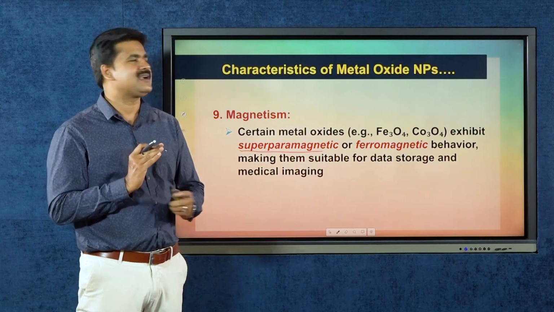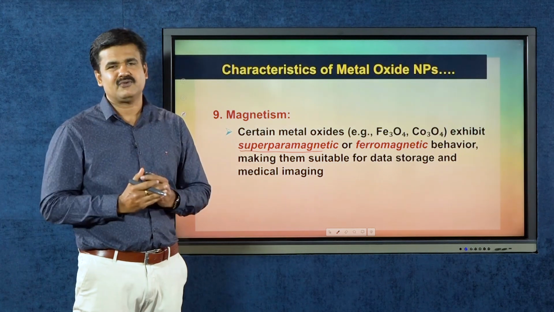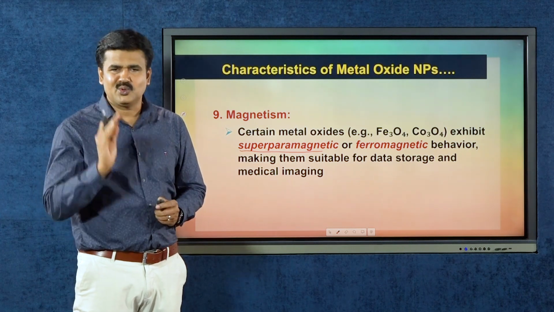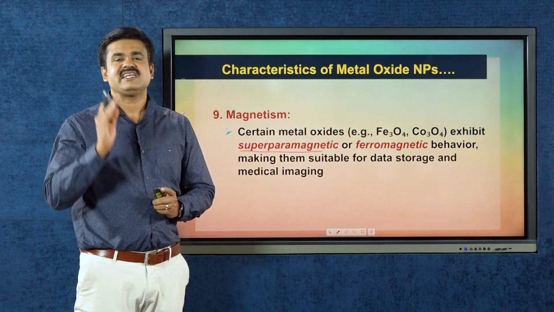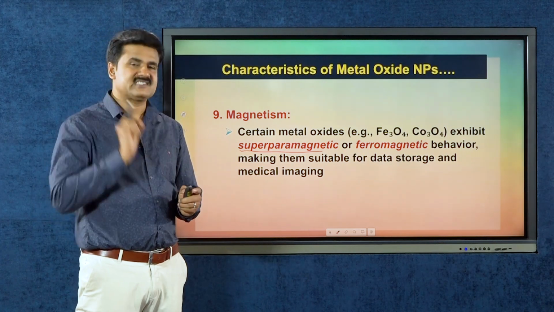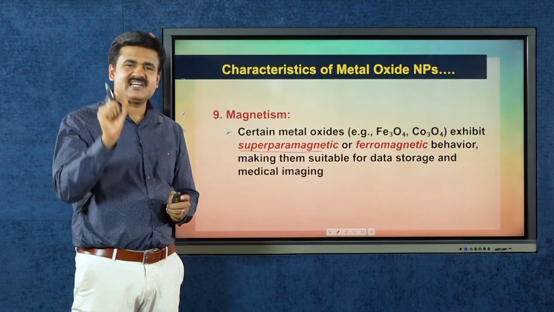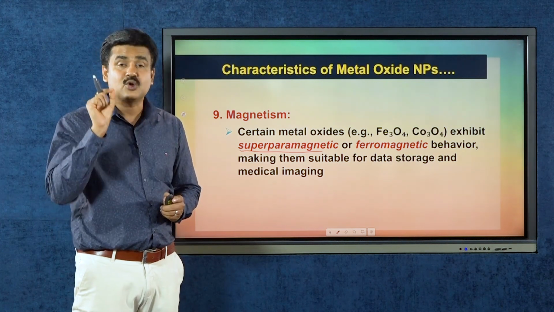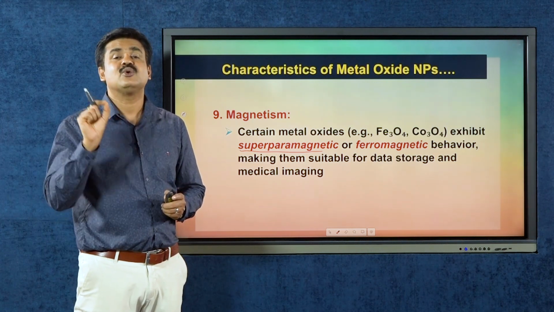Iron oxide nanoparticles like Fe3O4 exhibit superparamagnetism, or Fe3O4 is said to be superparamagnetic. I repeat the situation. A superparamagnetic material is a material with zero coercivity and zero retentivity.